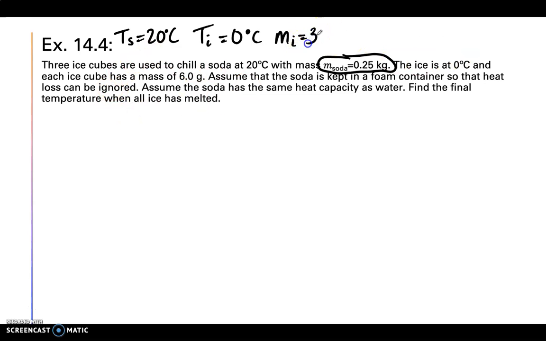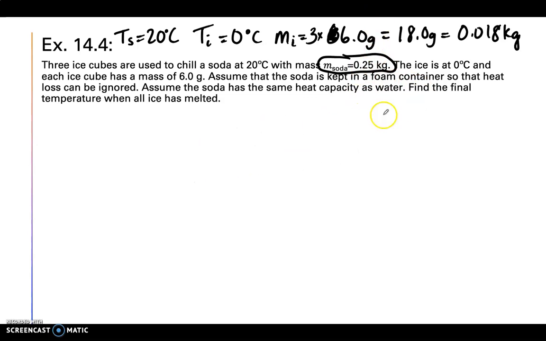So my total mass is going to be 3 times 6.0 grams. Okay, so that would be 18 grams or 0.018 kilograms. It's always good to put things in our SI units.